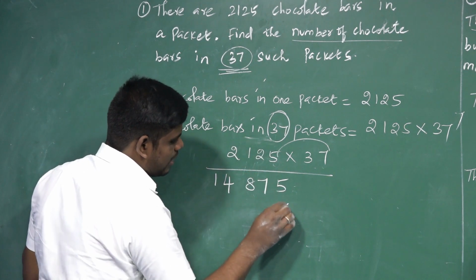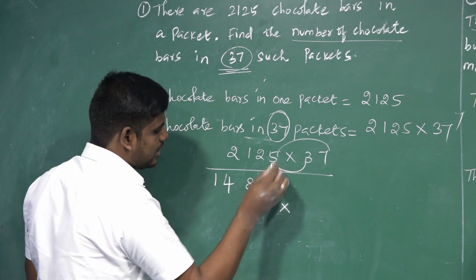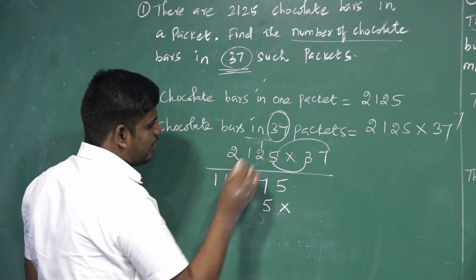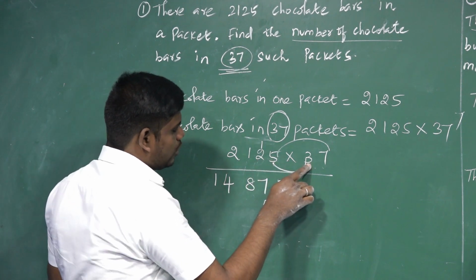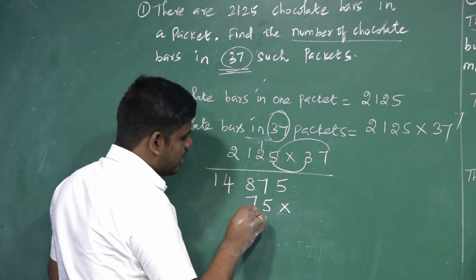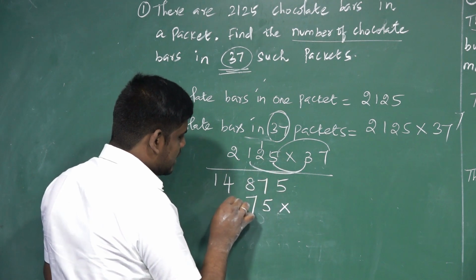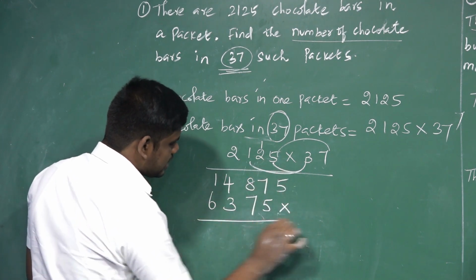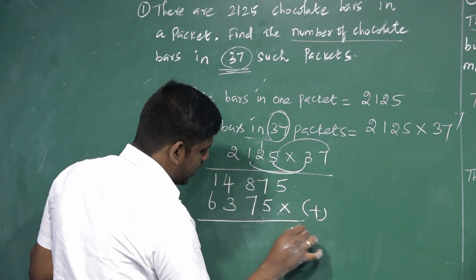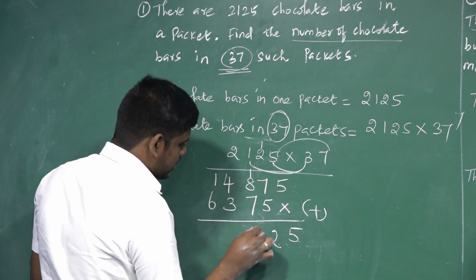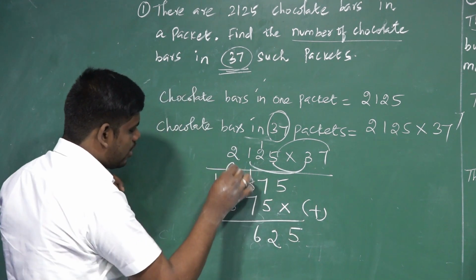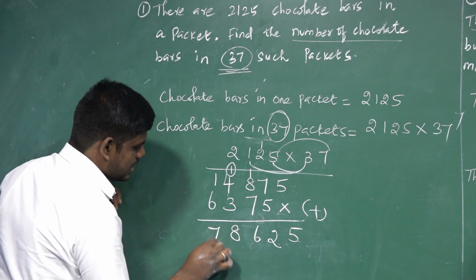Okay, leave the ones place. Next multiply with 3. 5 3s are 15, remaining 1. 2 3s are 6. 6 plus 1, 7. 1 3 is 3. 2 3s are 6. Then add 5, 12, 16. Remaining one 5, 8, 7.